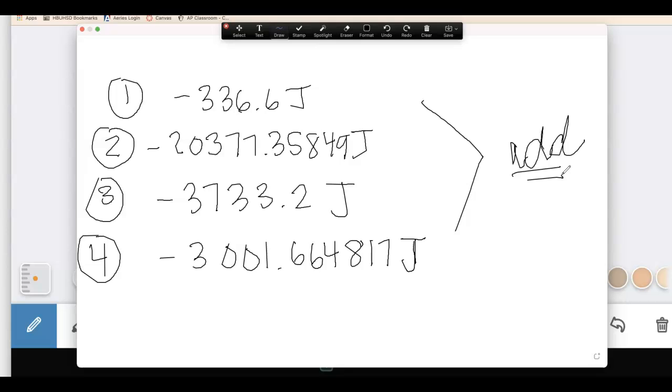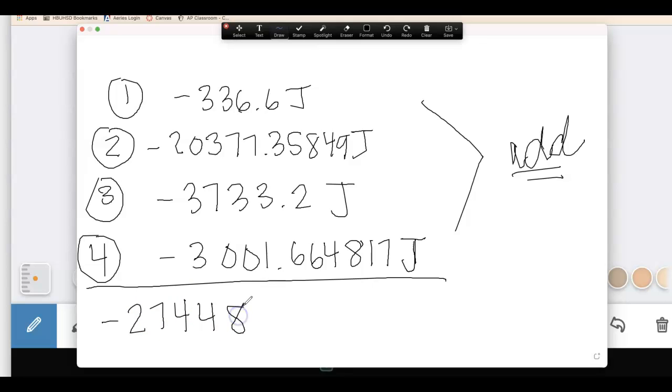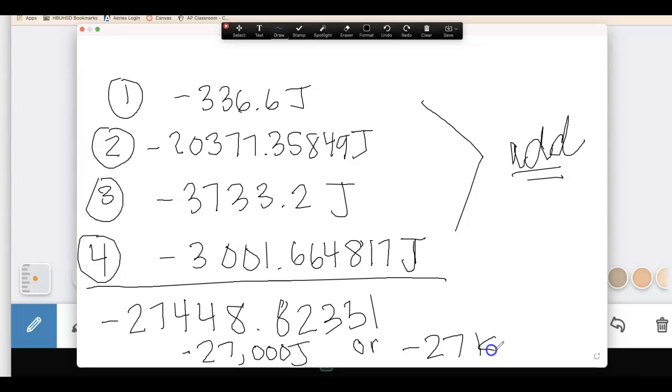All right, what are you guys getting? Okay, so with 2 sig figs, this would be negative 27,000 joules or negative 27 kilojoules. And if you have a negative sign, that means this heat or energy is being lost, given off, removed. Exothermic.